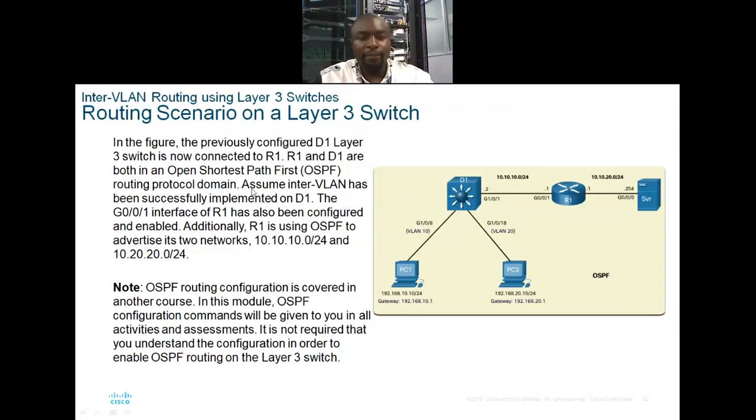Assume inter-VLAN routing has been successfully implemented on D1 here. The G0/0/1 interface, which is this guy here, the interface to the router, has also been configured and enabled. Additionally, router 1 is using OSPF to advertise its 2 networks, which is this network. Where is it?